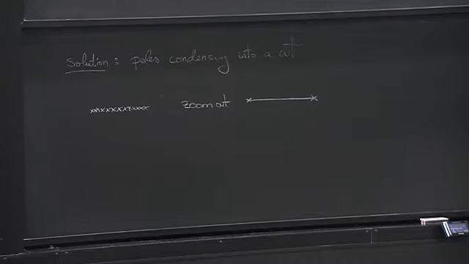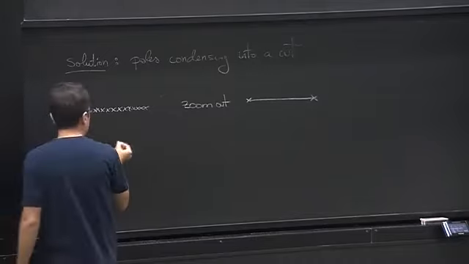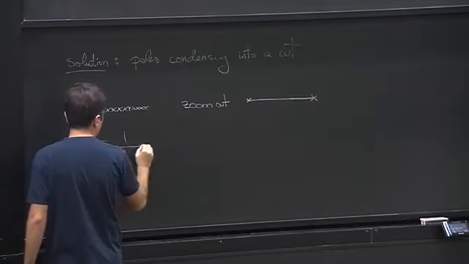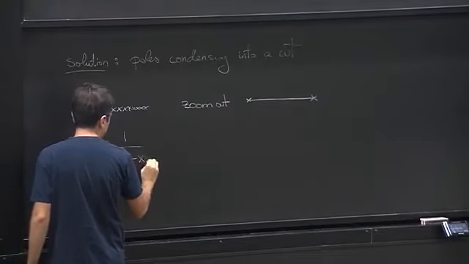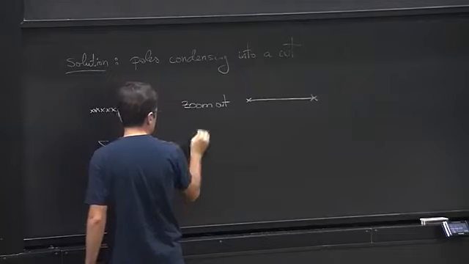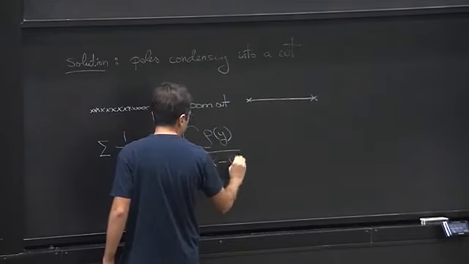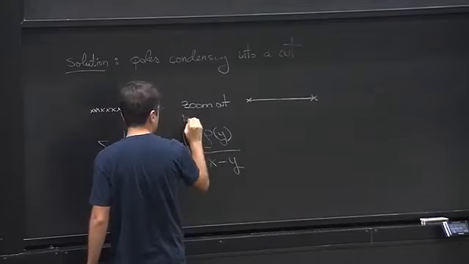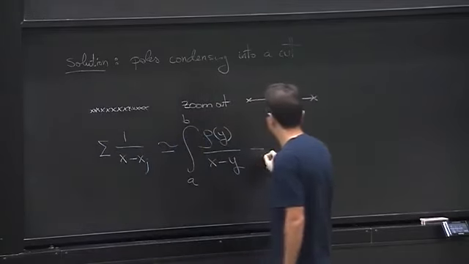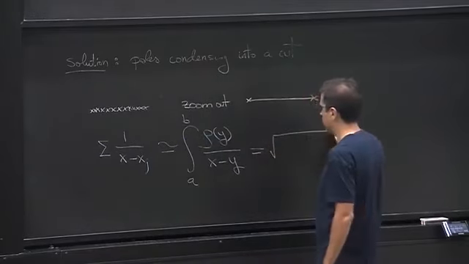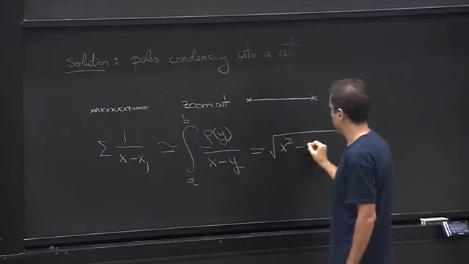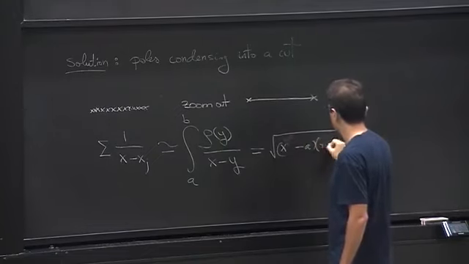In other words, more mathematically, we have a sum of 1 over x minus x_j. This is like an integral over some density of poles over x minus y that goes from a to b. And this is what is going to become the square root of x minus a, x minus b.